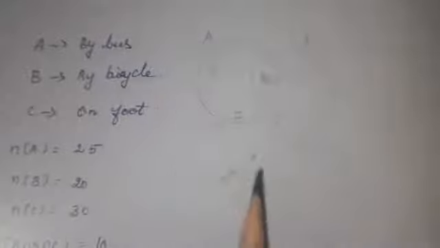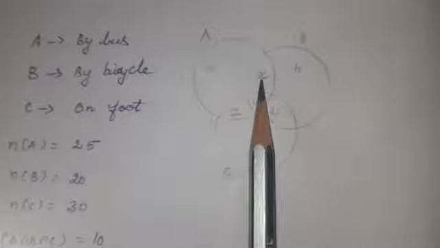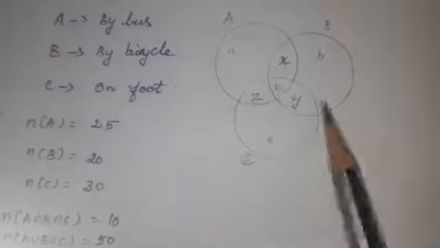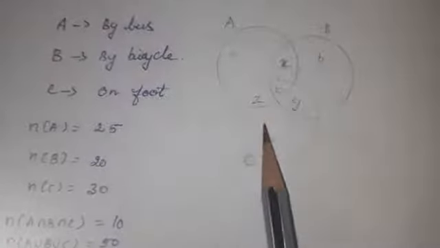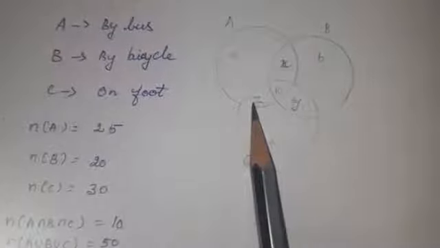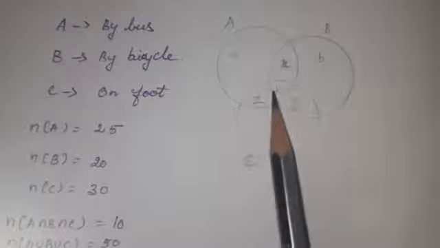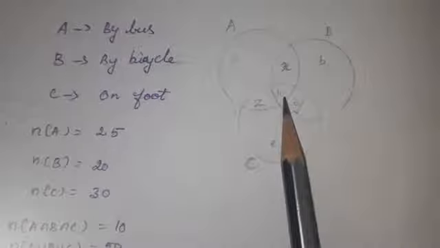Here I have drawn the Venn diagram. Capital A, B, C. Inside small a, b, c. Here both we don't know, that is X. Here also both we don't know, you should write Y. Here for A and C we don't know, it is Z. All the three they given in the question in that place 10.